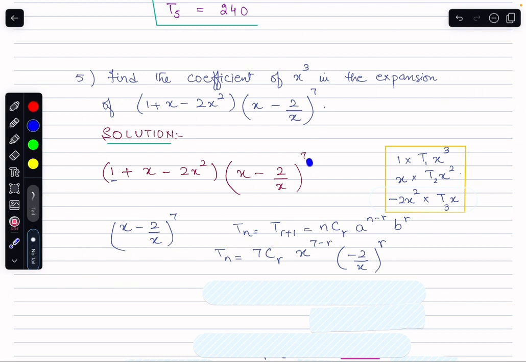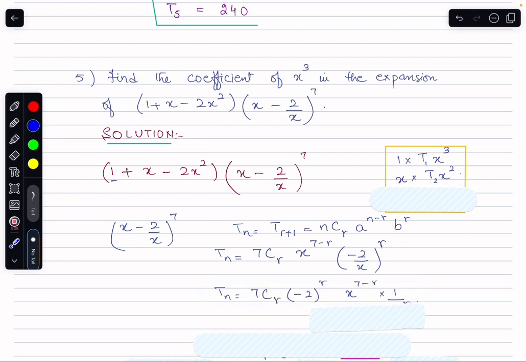N here is 7. I am not really doing the expansion, but I am trying to find out the terms for the expansion of x minus 2 by x to the power 7 as the coefficient of x cube, x square, and x. So applying the formula, it's Tn, which equals 7Cr x to the power 7 minus r, negative 2 by x to the power r here.